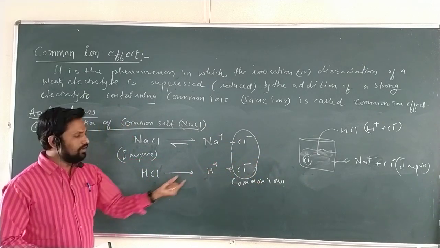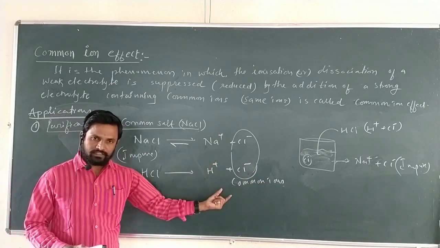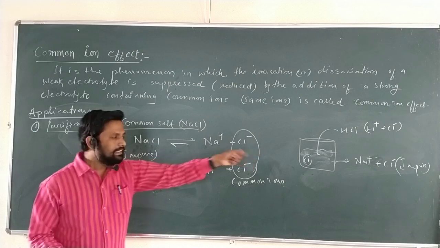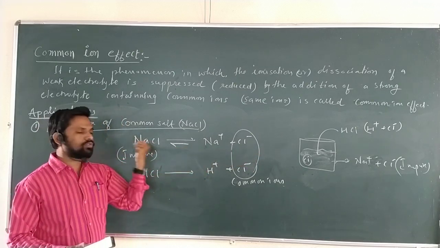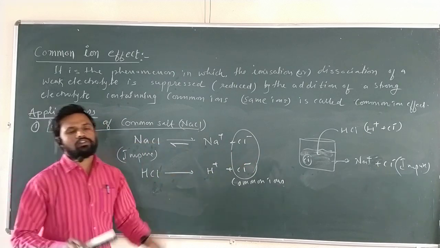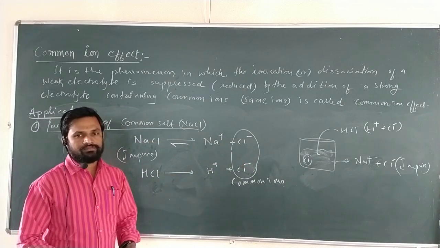Cl negative ion concentration increases. Due to this increase, the equilibrium is shifted towards the left-hand side and the pure NaCl is precipitated out as a solid form.